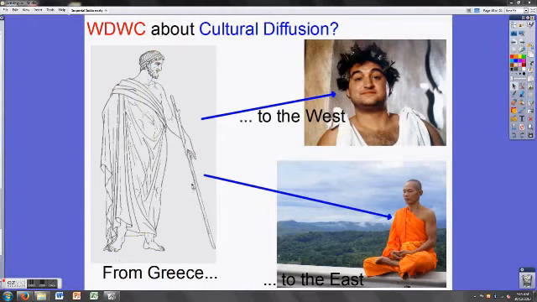So that's the other cool thing about cultural diffusion. The culture on the left inspires both of the images on the right. But one, you can see, has a very different outcome in terms of its final form after cultural diffusion than the other does, right?